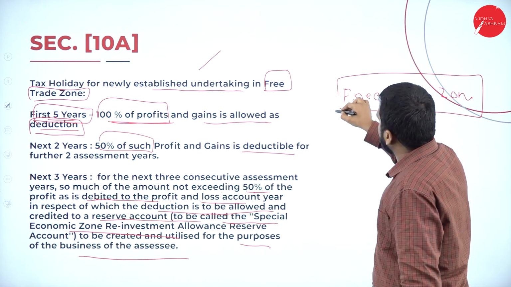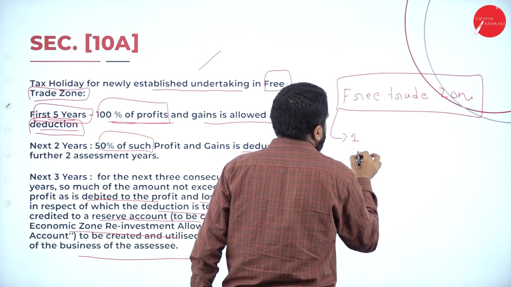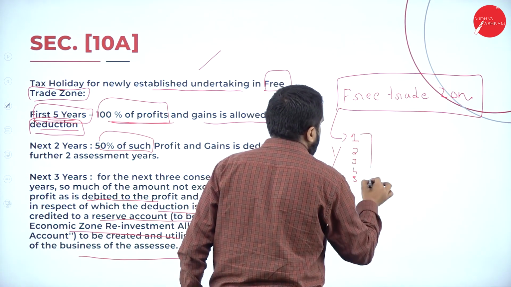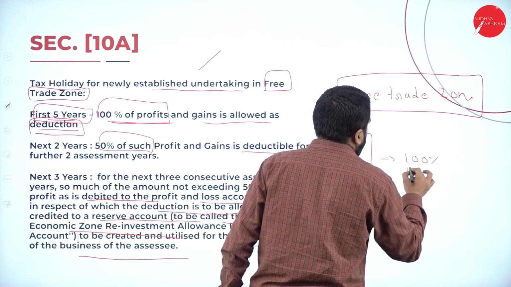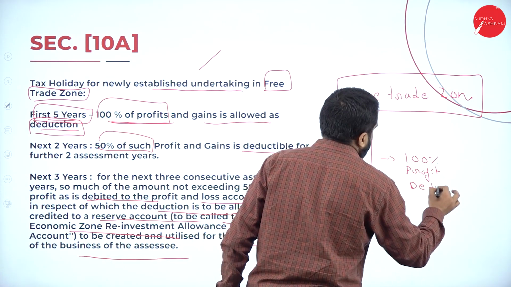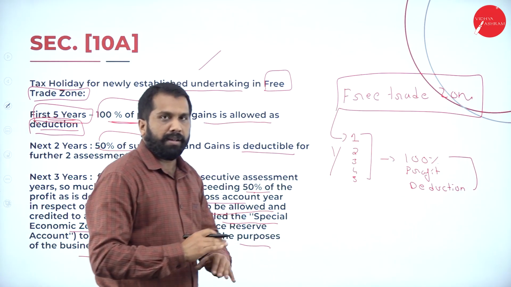This is clear. Now, first, year 1, year 2, year 3, year 4, year 5. Up to this, 100% profit deduction. Hope you are clear. Yes.